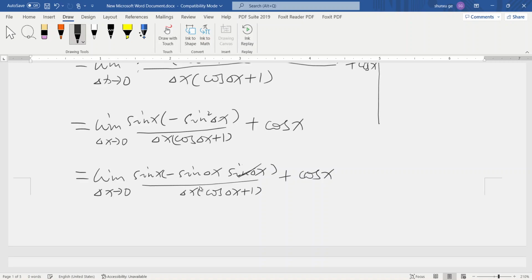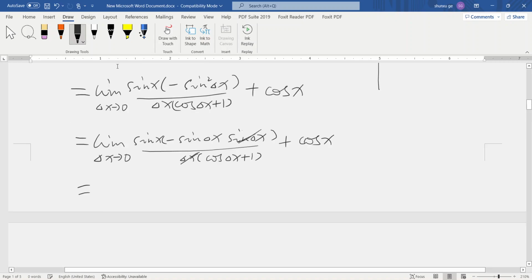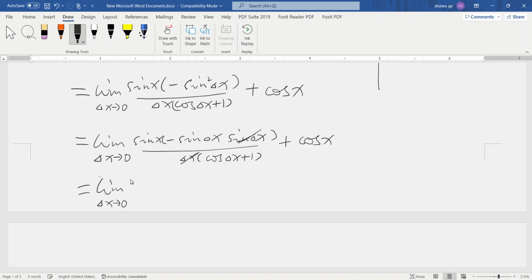This part with this part is 1, so only this part remains. Now we can insert 0 into sin delta x. Sin delta x is 0, negative 0 is 0, so times 0.